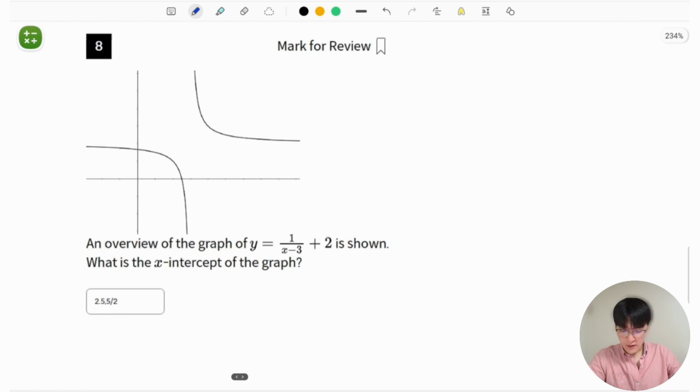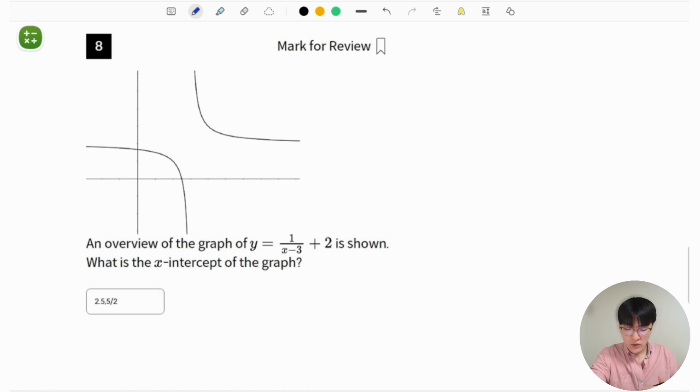Question number 8. An overview of the graph y is equal to 1 over x minus 3 plus 2 is shown. What is the x-intercept of the graph? Now, as you can see over here, this graph does not have any x-axis or y-axis information. It just doesn't tell us where 1, 2, 3 is.